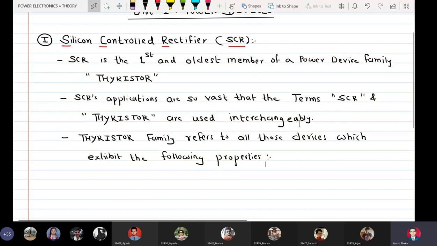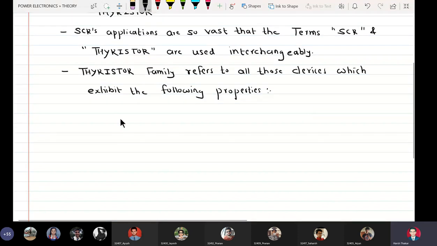Okay, so thyristor family refers to all those devices which exhibit the following properties.